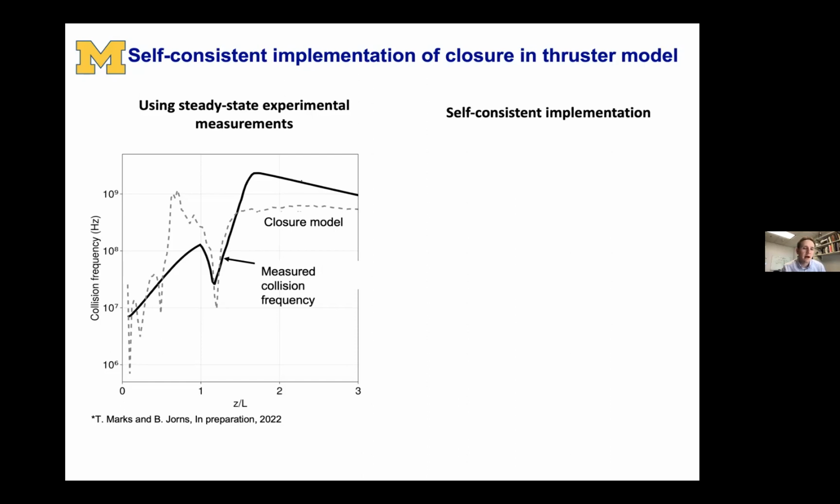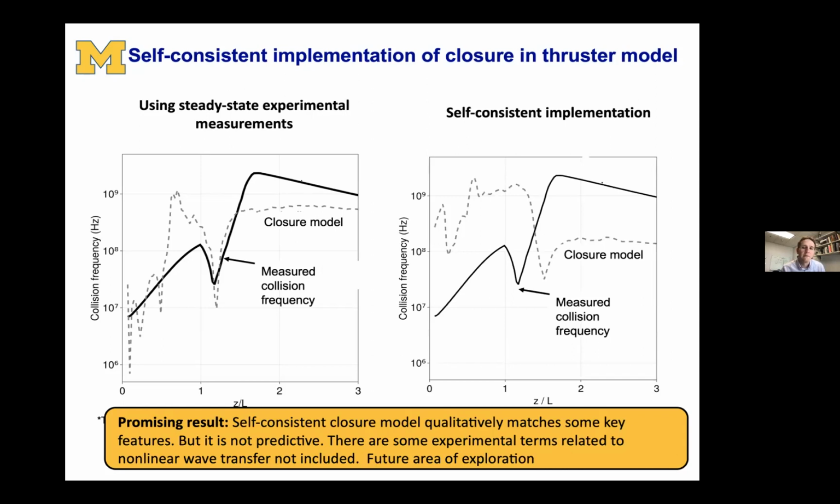But two is that, when it's self-consistently implemented, it should yield a profile that looks something like the black curve, because the black curve is the actual experimental measurement of what the effective collision frequency looks like in the thruster. So that is the ultimate goal, that you implement a closure model and it's self-consistently updated. All the fluid equations are solved simultaneously, and it yields a curve that looks like that. And if it does successfully capture that, then all the other fluid properties of interest flow down from there.